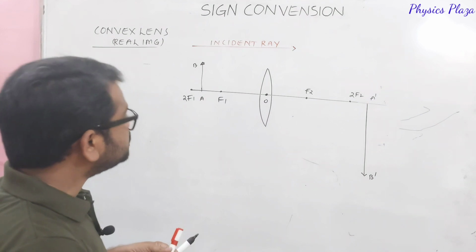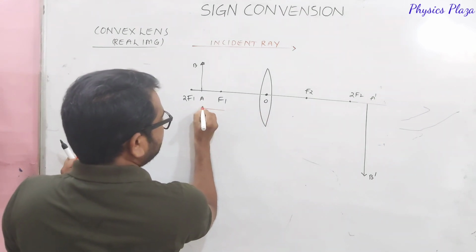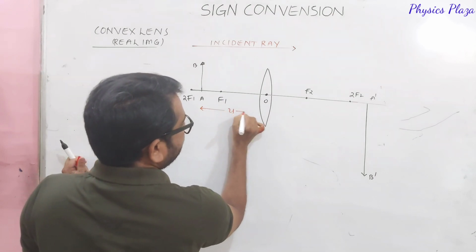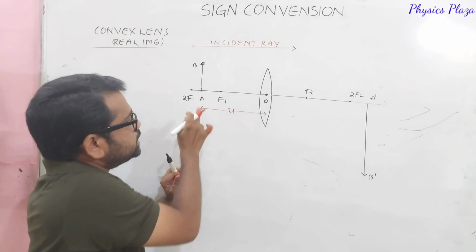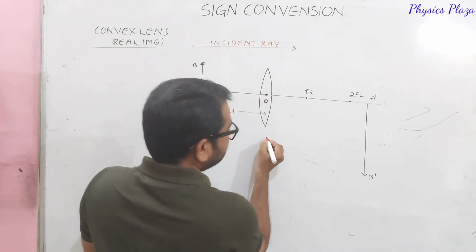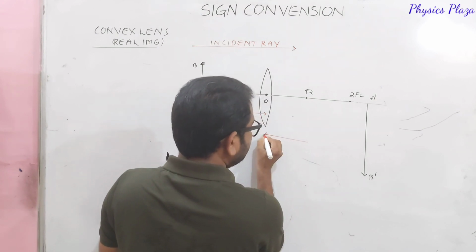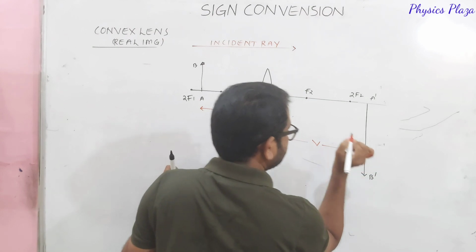Children, here the distance between the object and the optic center is taken as U. Object distance we will represent with U, the distance between the object and the optic center. What about the image distance here? The distance between the optic center and the image is taken as the image distance.